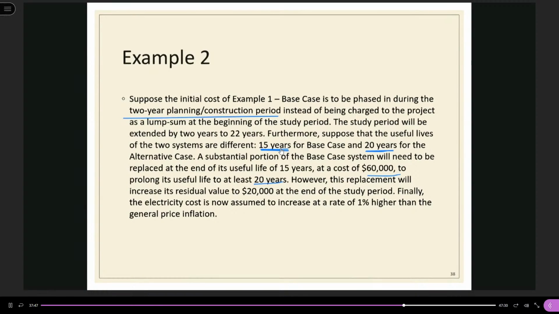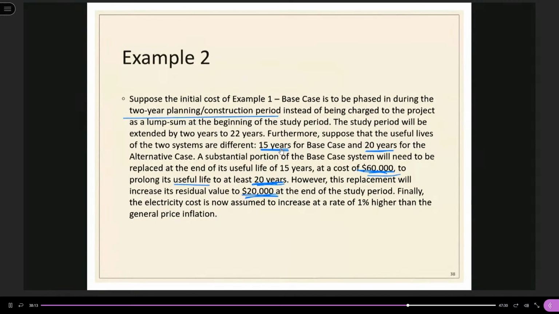Okay, however, this replacement will increase its residual value to $20,000 at the end of the study period. Okay, so you pay $60,000 for replacement so that you can extend the useful life to 20 years. And at the end of the 20 years, the residual value will be $20,000.